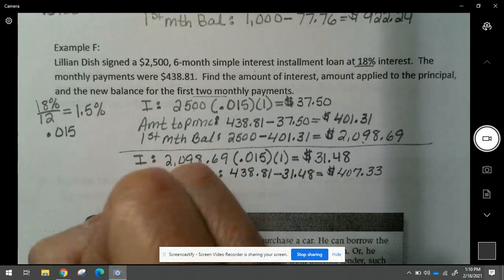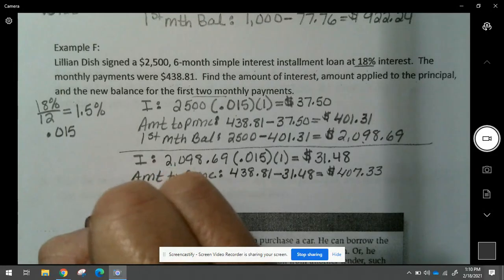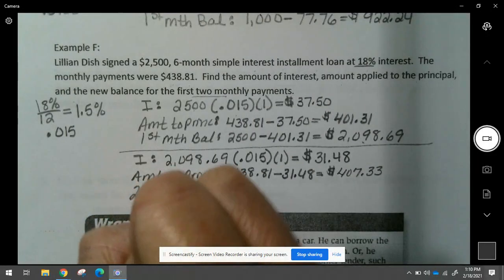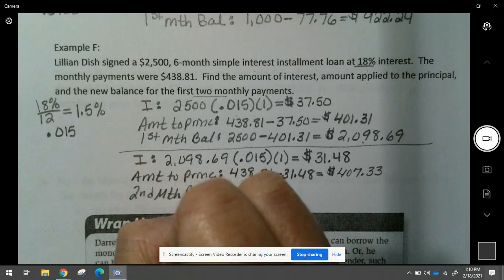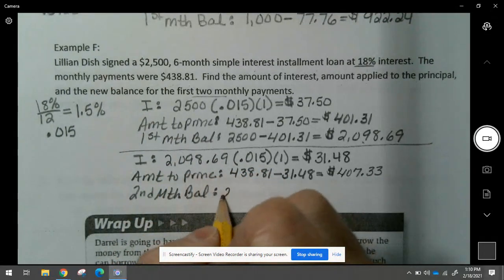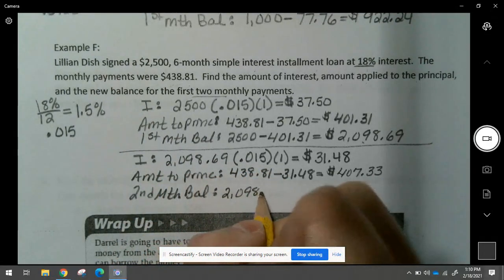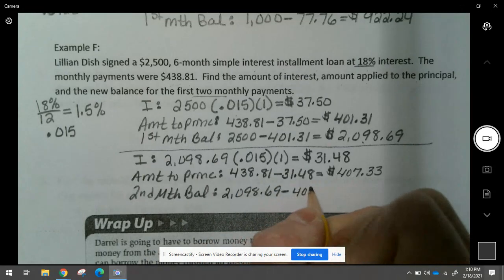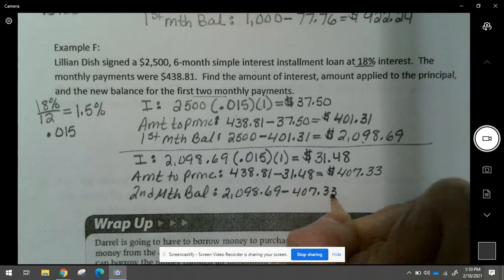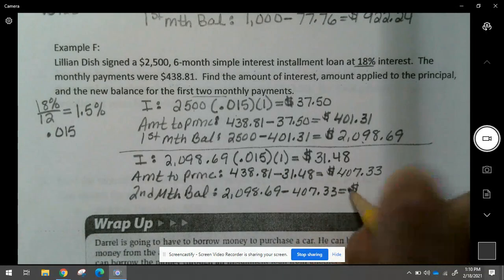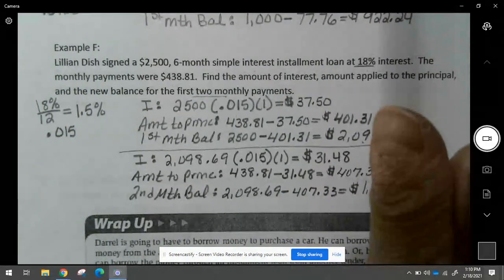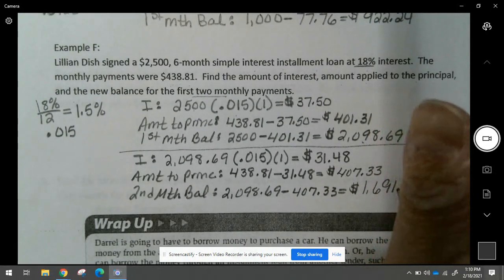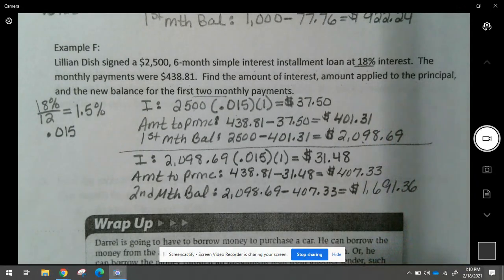Now let's calculate our new balance. So our second month balance is going to be our starting amount, $2,098.69, subtract the amount to principal, $407.33, which leaves us a balance of $1,691.36.